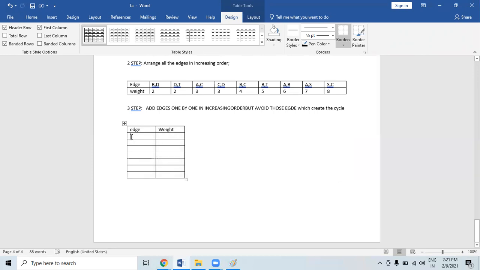So here again we will draw this diagram. BD, in brackets also you can write, then DT, then BD, DT, AC, then CD, then AS.